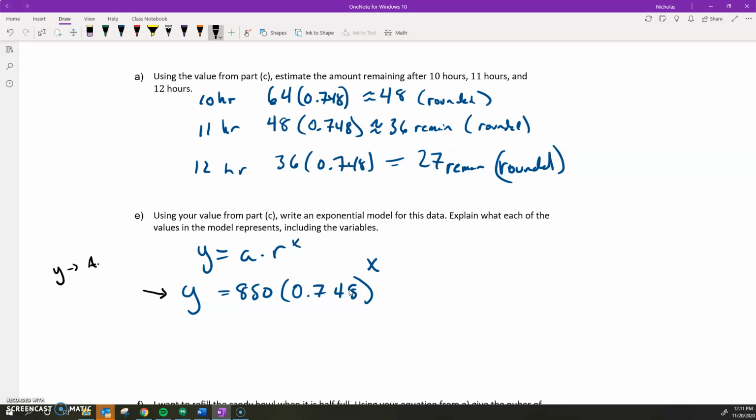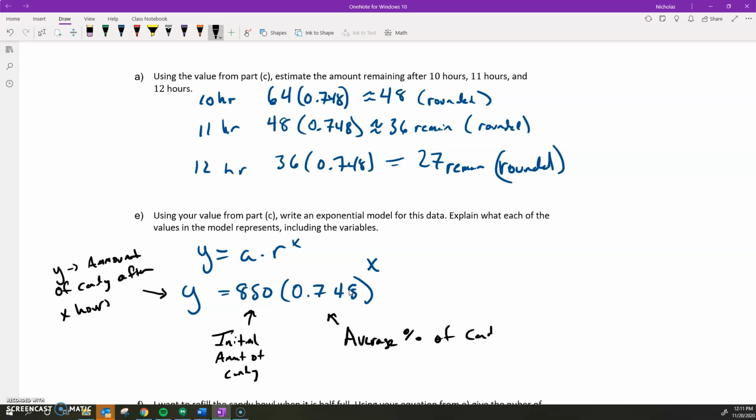Y is the amount of candy after x hours. So if I put a 2 up there, that'll tell me how much candy is after 2 hours, or 10, how much there's after 10 hours. 850 is the initial amount of candies. 0.748 is the average percent of candy that remains after each hour.